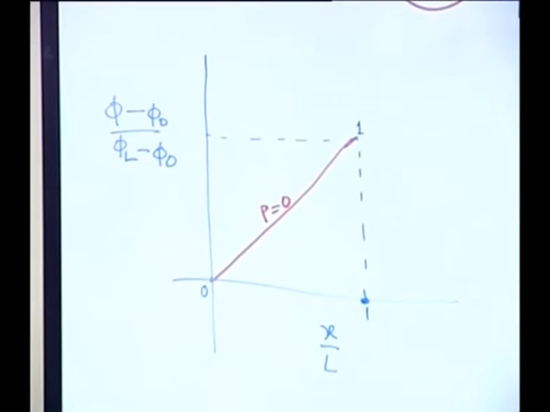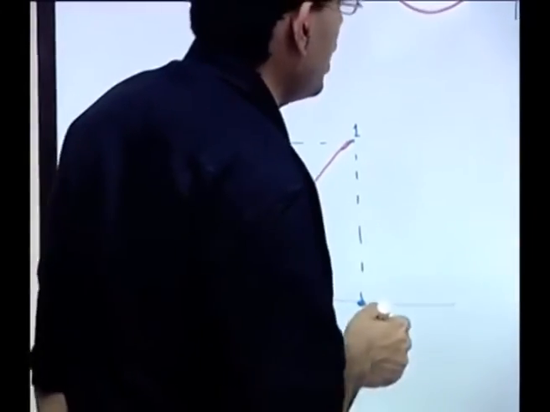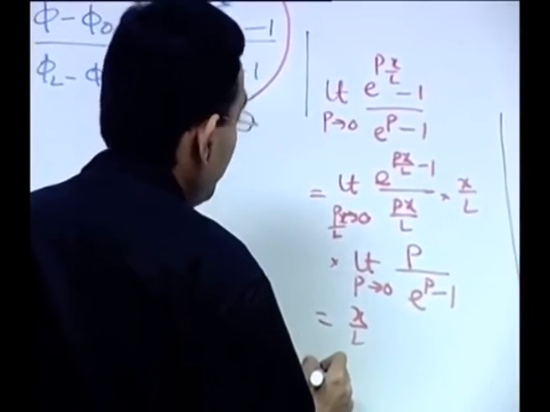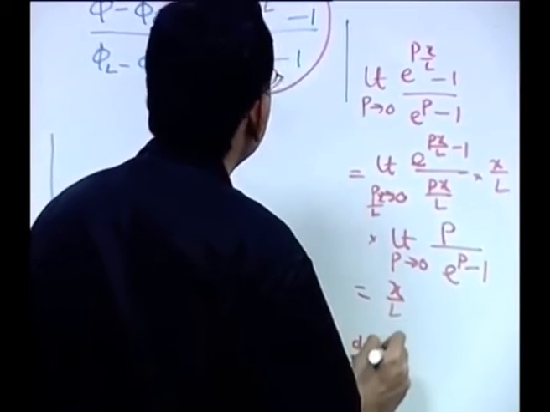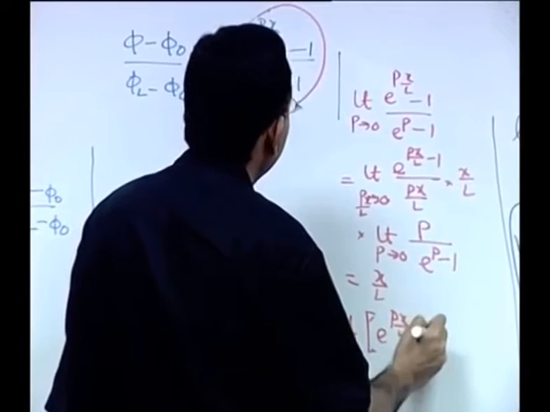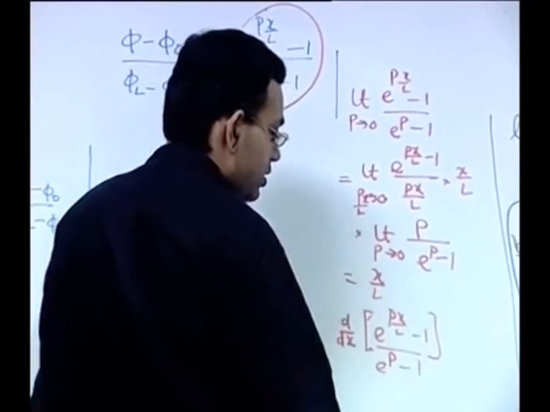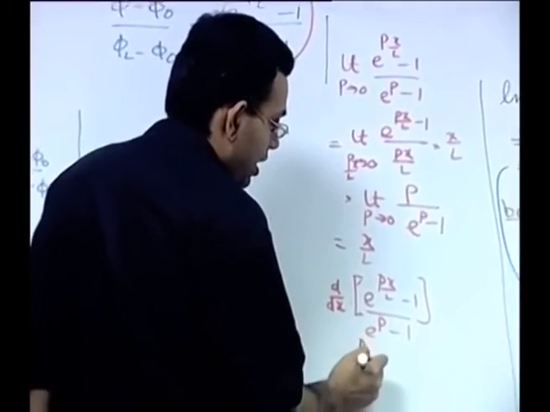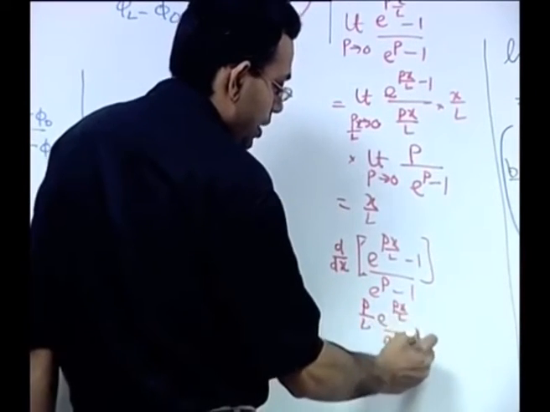What happens if p is greater than 0? What will be the nature of the slope of the graph? So, if you find out what is d dx of (e to the power px by L minus 1), of course by (e to the power p minus 1) is there. So, p by L e to the power px by L by (e to the power p minus 1).